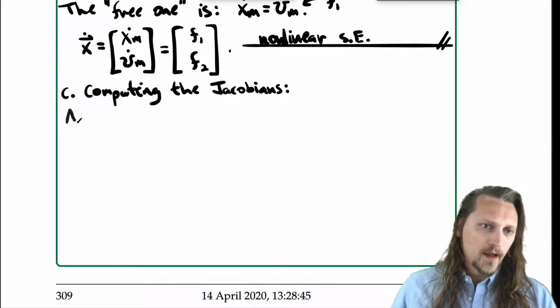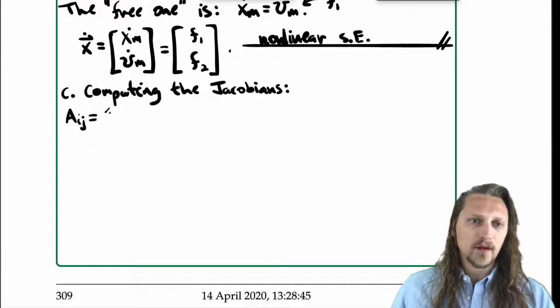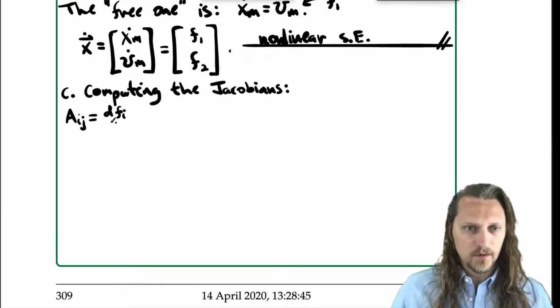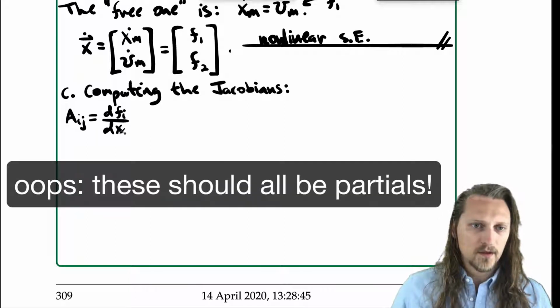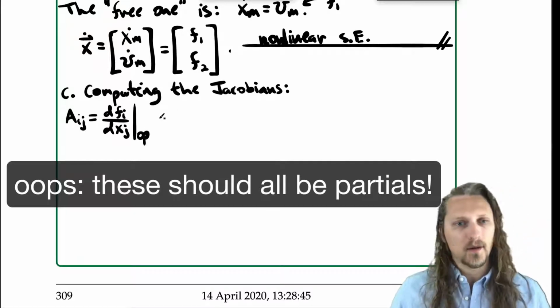So we know that Aij, the ij component of the A matrix, is equal to the derivative of fi with respect to xj evaluated at the operating point, which I'll just write as OP because I don't have to rewrite that a lot.